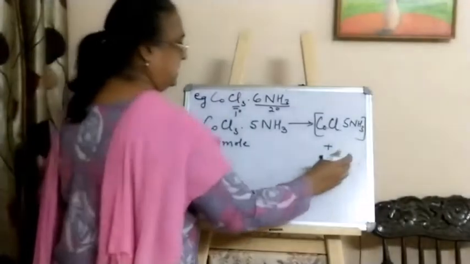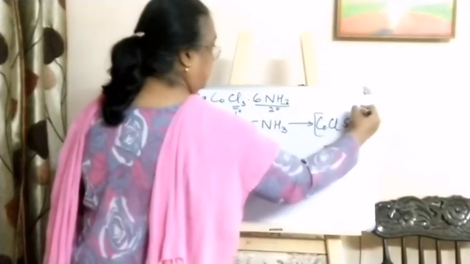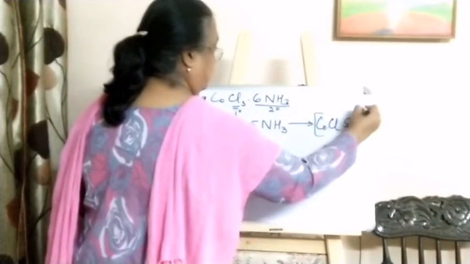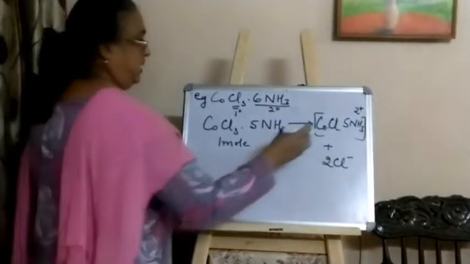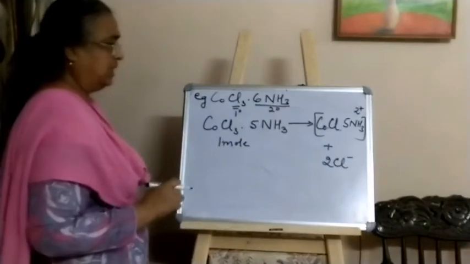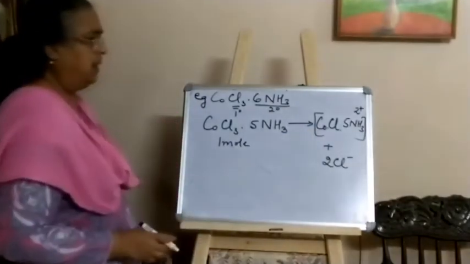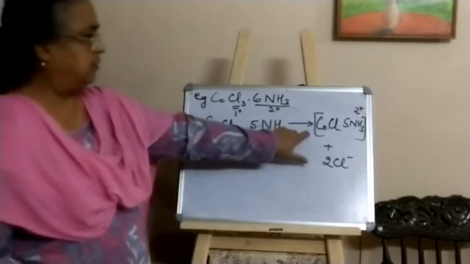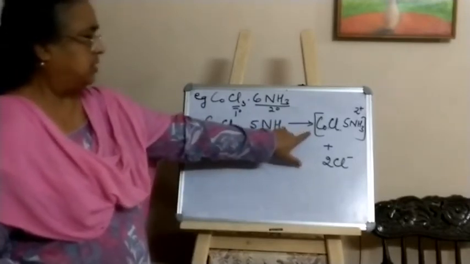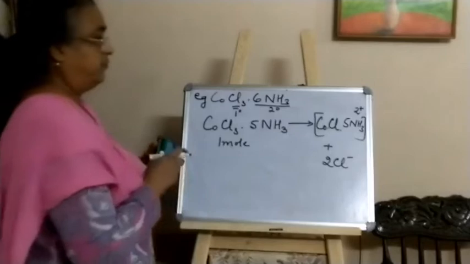Two chloride ions separated means here there will be two positive charges. In the previous case you saw there were three positive charges.